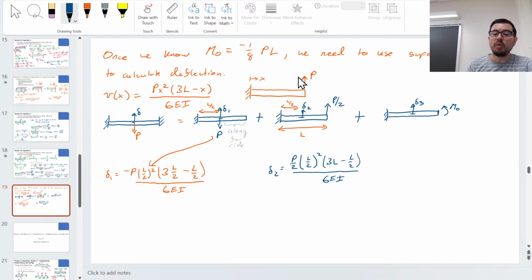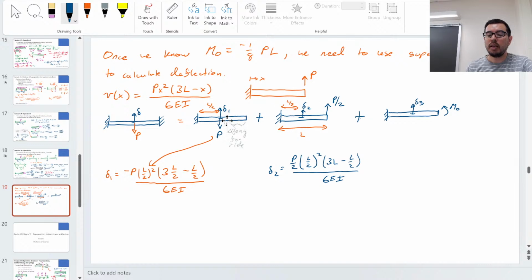We're able to use this one equation for these two situations because it's giving us deflection along the beam as a function of X, right? And in this particular situation, this L over 2 length is just along for the ride. So then this just looks like this situation.